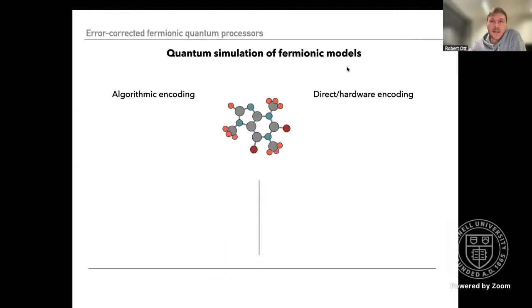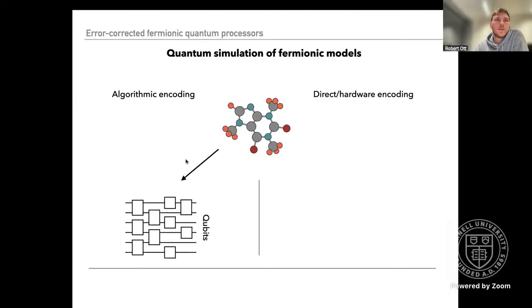So, well, let's dig into this a little bit deeper. And if you think about quantum simulation, as I said, you need to take into account this anti-symmetrization, and there are in principle two ways of doing it, or two different avenues. And I call one of them an algorithmic encoding. And so basically what you do is you say you may have quantum hardware based on bosons or based on qubits, and you want to simulate a fermionic model on these qubits.